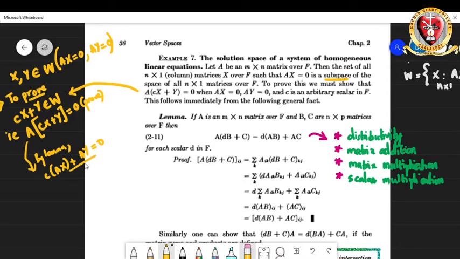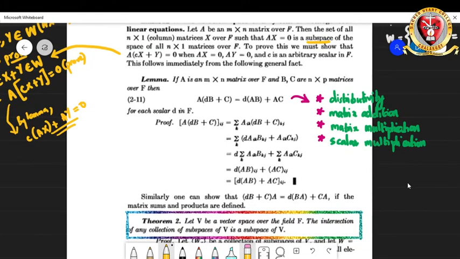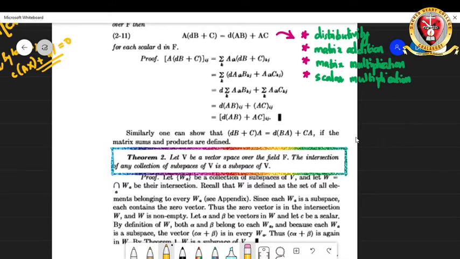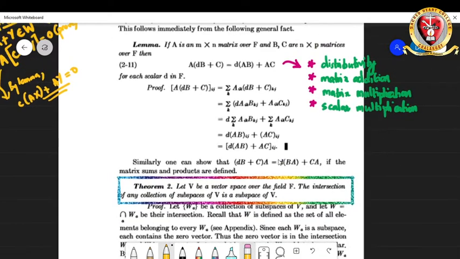That means this will be 0, proved. So that's how example 7 goes with the help of the lemma. You have to just work out this lemma, which is very logical, just multiplying and adding the entries of the matrices along with the scalar multiplication. Also, if dB plus C into A, that is equal to d into BA plus CA, the same logic applies here.